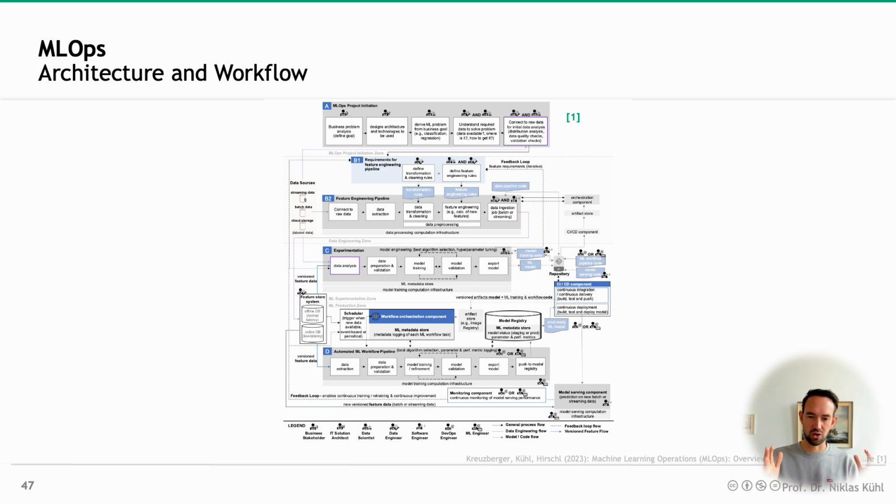It would be too much to go into detail now, but I recommend to you to look into the paper. I'll make it available and then see how this works. And that's the way that we build, deploy, monitor modern ML products.